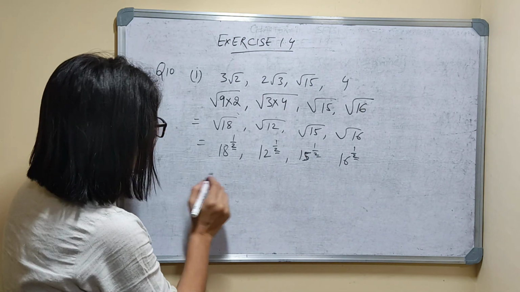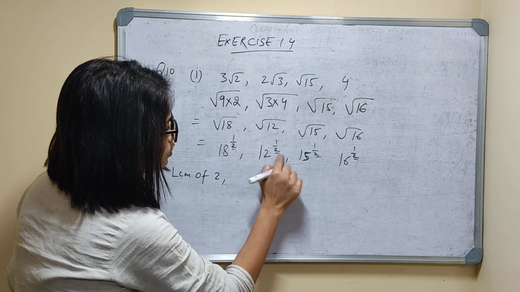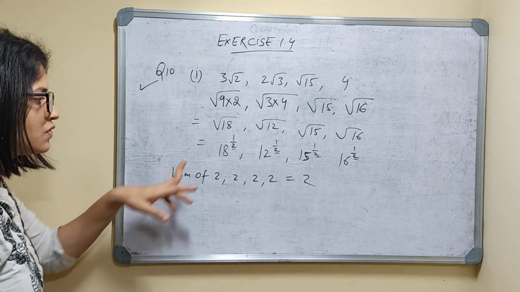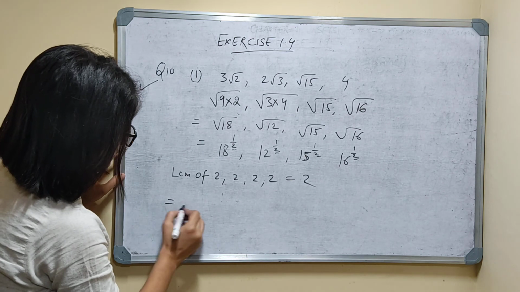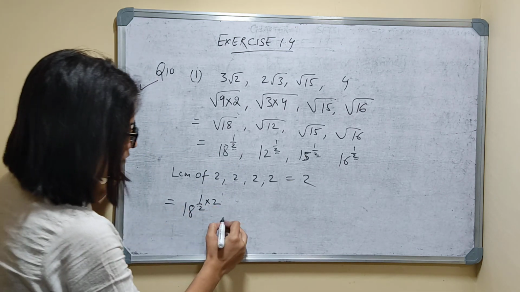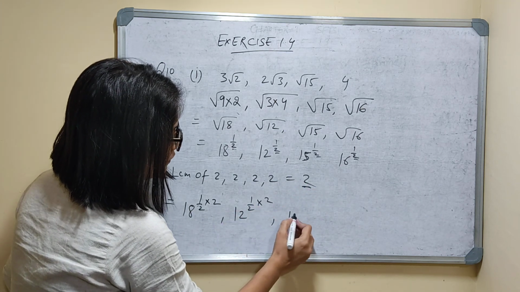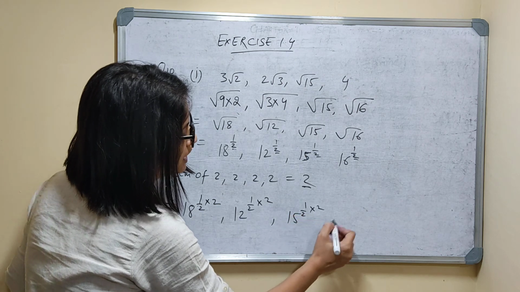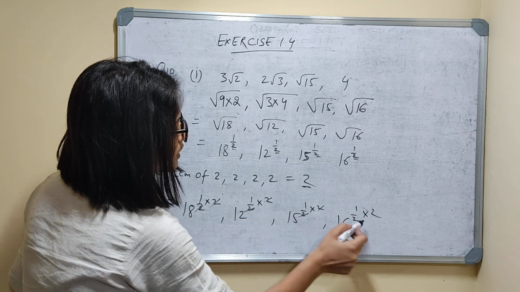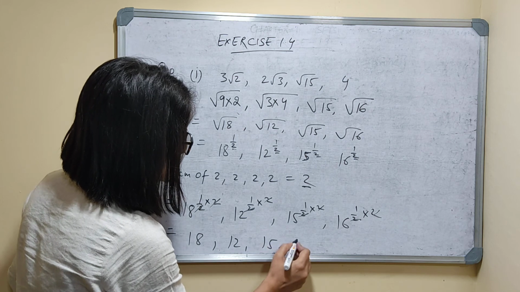Multiply the LCM with this: 18 power 1 by 2 into 2, 12 power 1 by 2 into 2, 15 power 1 by 2 into 2, and 16 power 1 by 2 into 2. 2 2 cancel, 2 2 cancel, 2 2 cancel, 2 2 cancel. So 18, 12, 15 and 16.